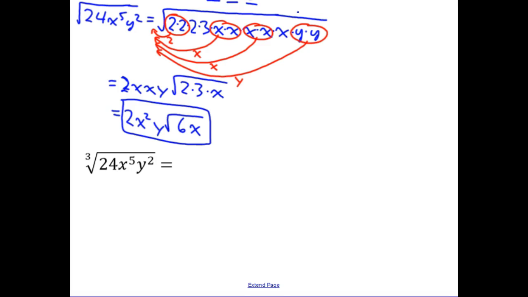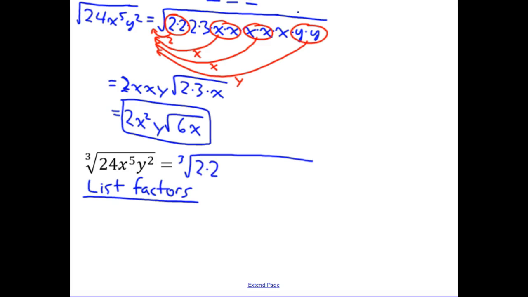If I break it down by doing my list of factors, using that method, which always works, I'm going to have just what I had before, except I'm taking the cube root. So again, I have 2 times 2 times 2 times 3 for my number. Multiply all that together and I get 24. And then I'm going to have x times itself, so that I have 5 x's. And I have y times itself, so I have y squared.